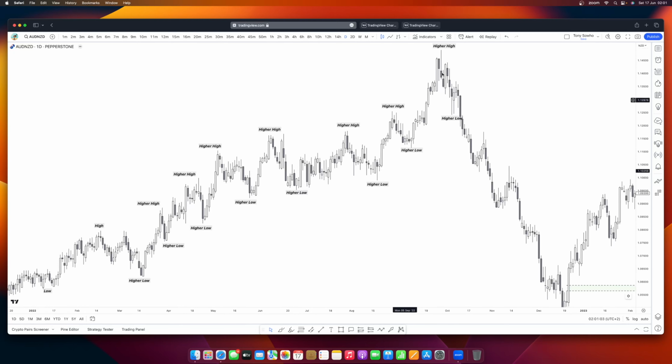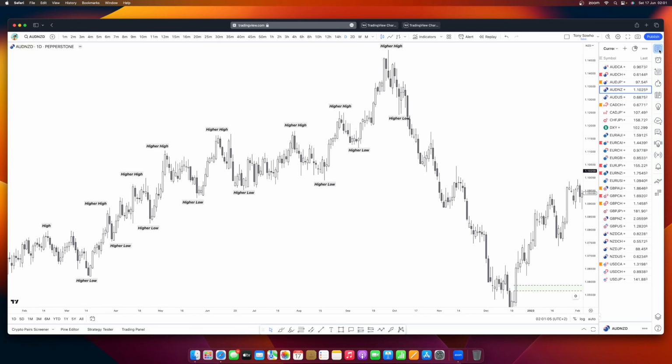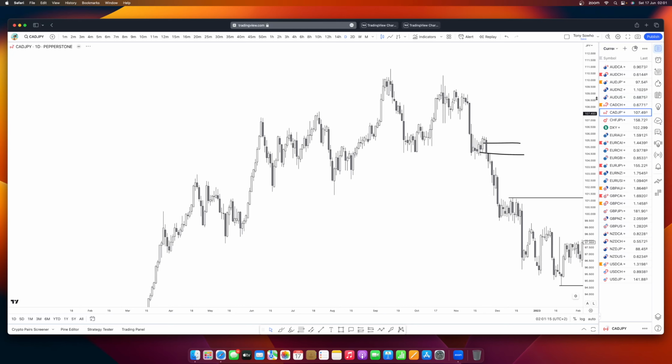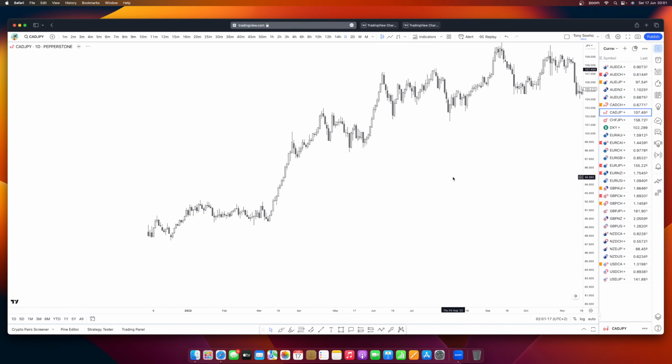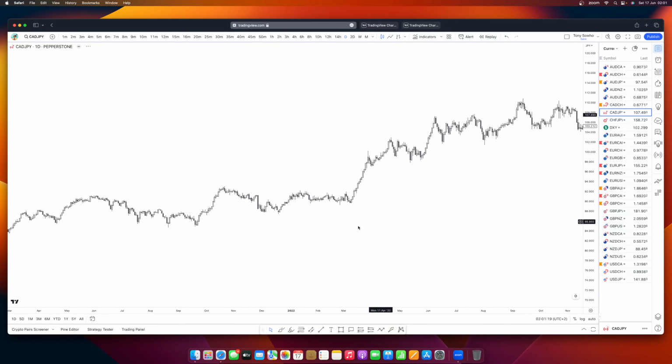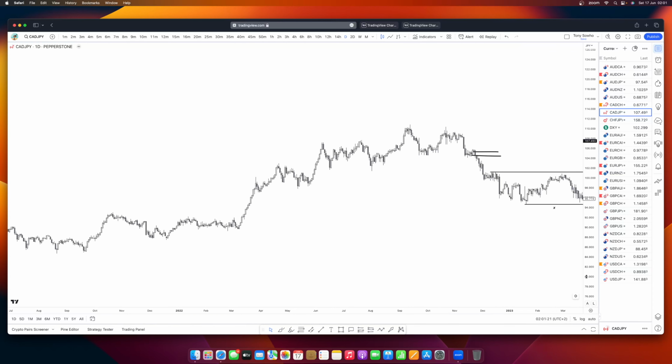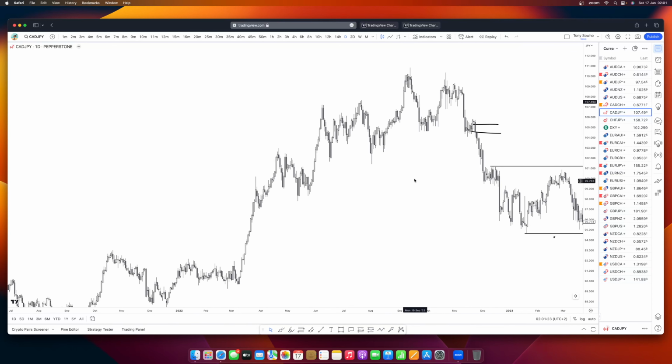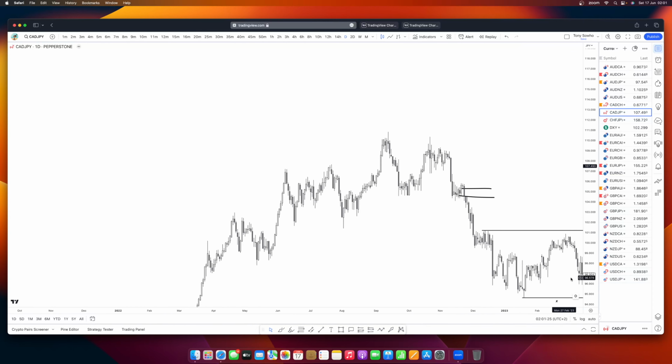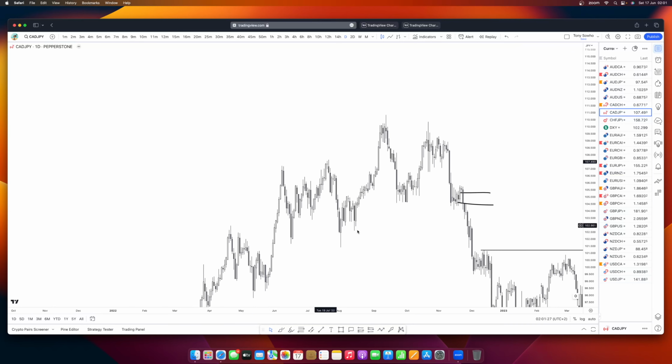Then the second example we're going to be looking at is on CAD JPY. That is the Canadian dollar, Japanese yen. All right, so for CAD JPY also on the daily time frame, we can see in this area that price was bullish here.